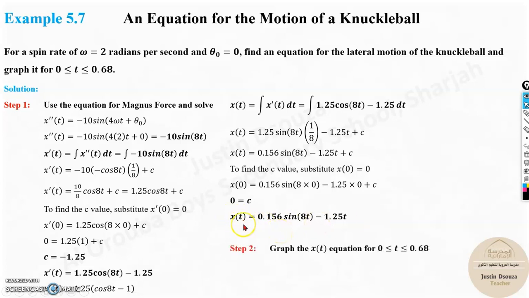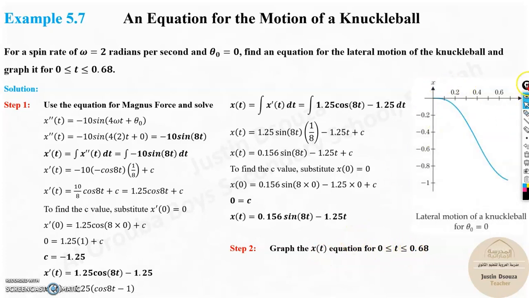Now this can be graphed. x of t can be graphed from 0 to 0.6. The graph will be something like this. How do we graph it? Since these are very small numbers, take small values like 0.1 and put it over here instead of t.